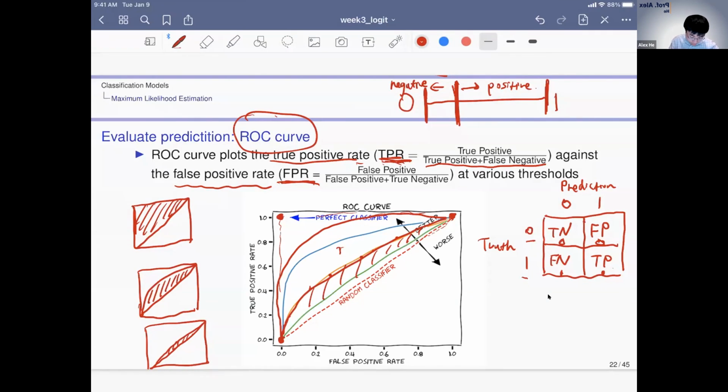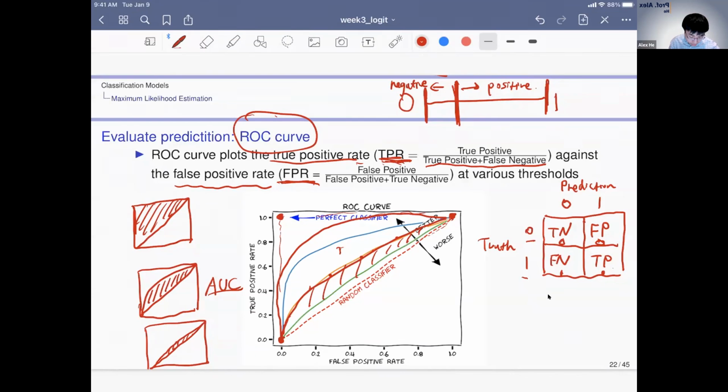That is called the area under the curve, AUC, and it is a statistic to evaluate how good that prediction is. It's kind of like the R squared. The bigger, the better.